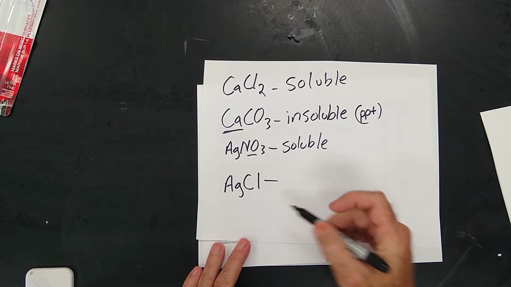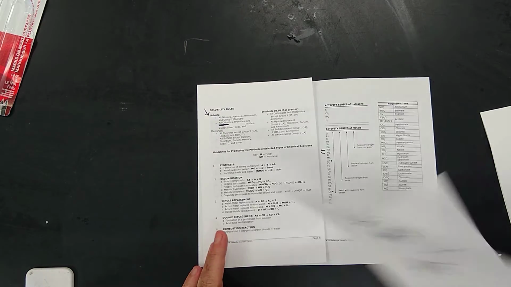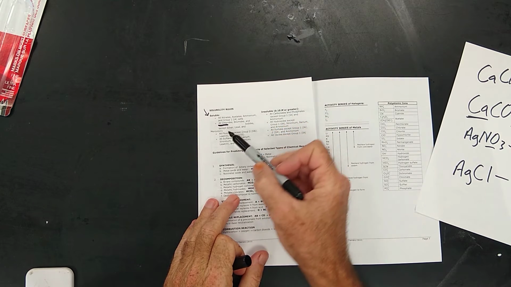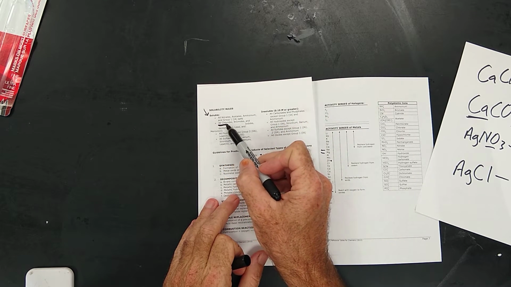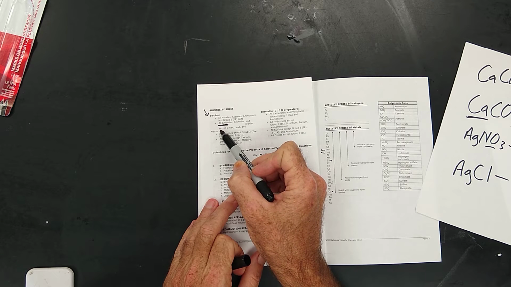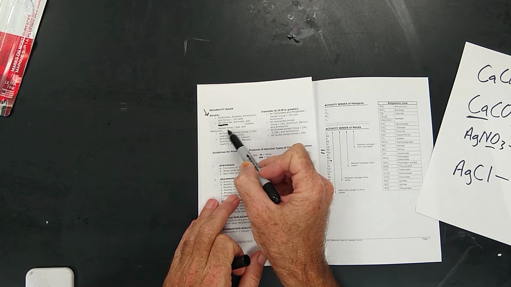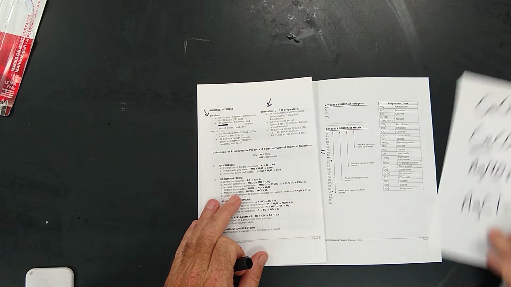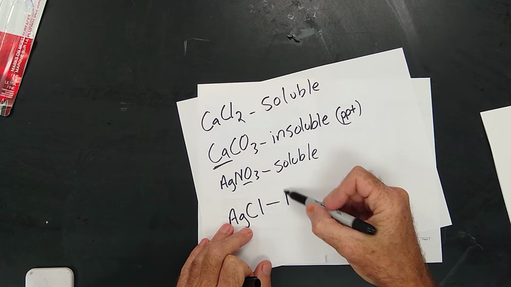The last one, silver chloride. Well, we remember our chlorides are right here in our solubility rules under soluble. All chlorides, bromides, and iodides, except silver. So silver is not soluble. So silver chloride is insoluble. Okay?